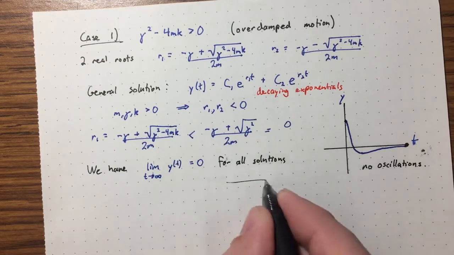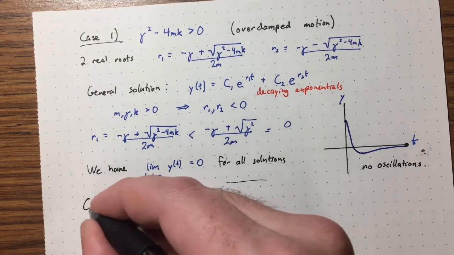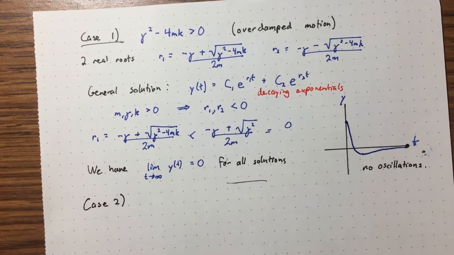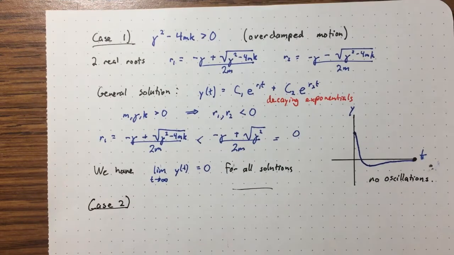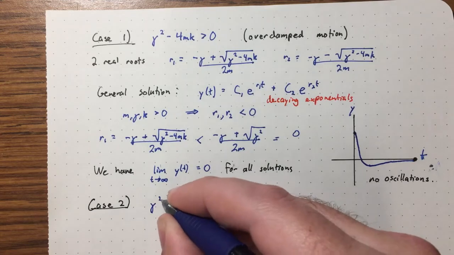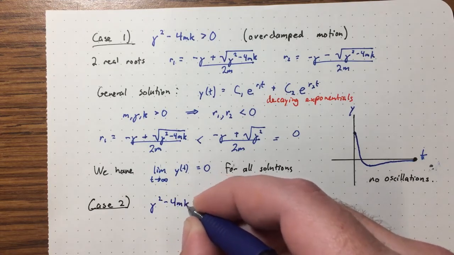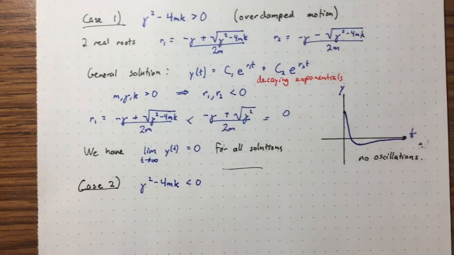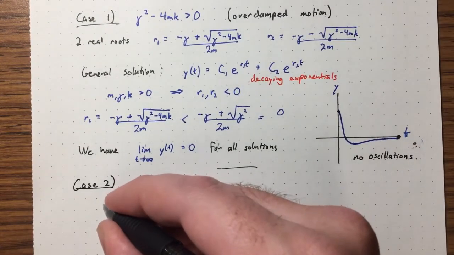Okay, let's look at the next case. So case 2. Our discriminant is going to be less than 0. So our discriminant will be negative. And I would actually like to break this up into 2 subcases.